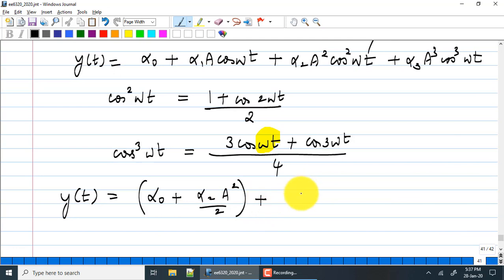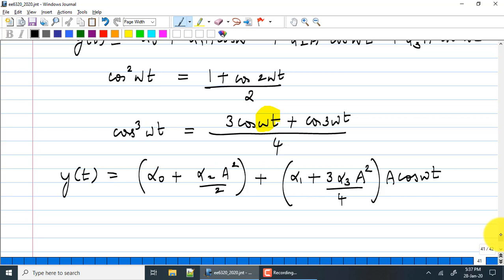Plus alpha 1 plus 3 alpha 3 a squared by 4 times a cos omega t. This is correct. Alpha 1 a cos omega t, 3 by 4 alpha 3 a, correct.